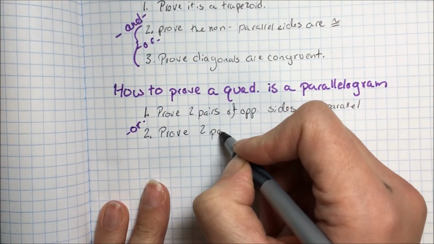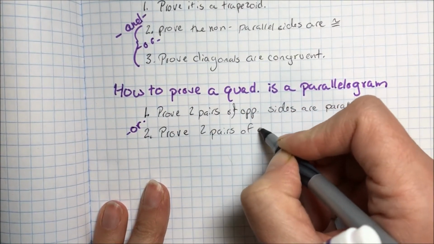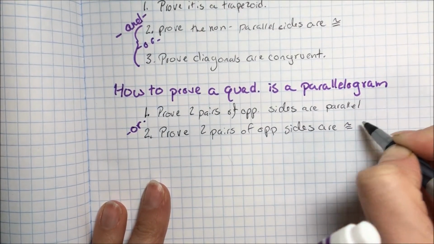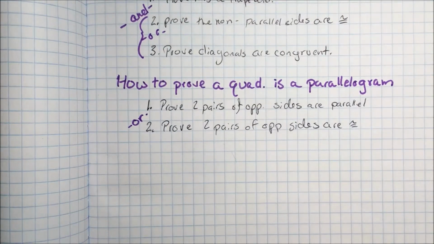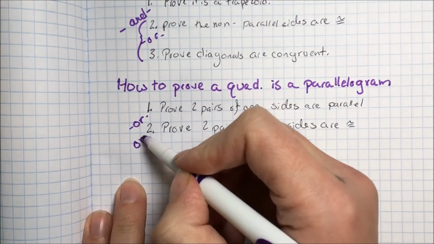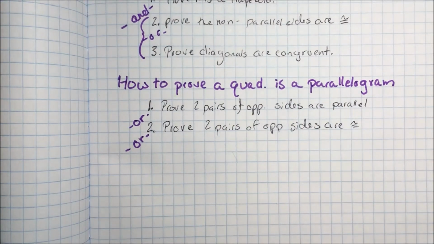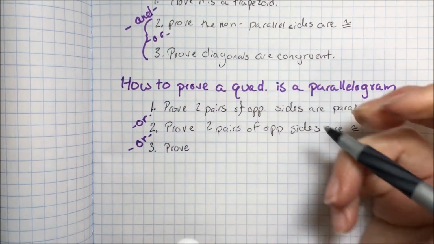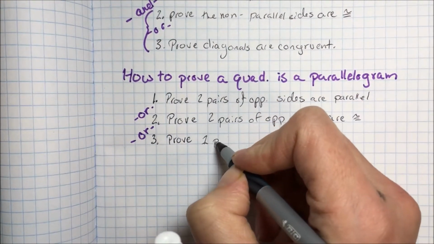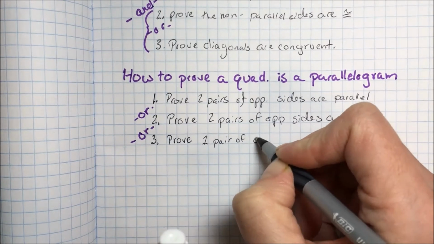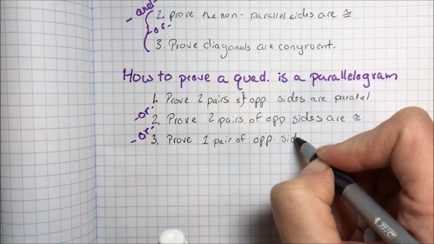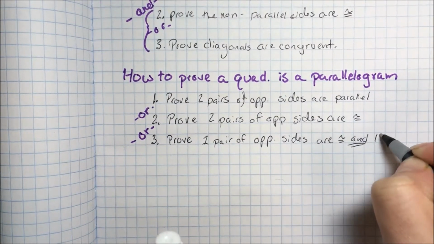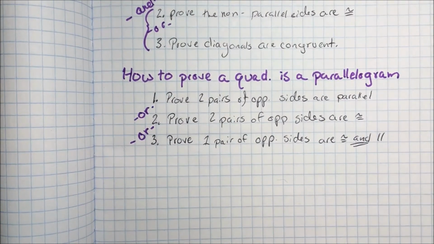So prove two pairs of opposite sides are congruent. Or you can mix it up a little bit and combine a property with a definition. Prove one pair of opposite sides are congruent and parallel. So it's kind of like a mix-up of 1 and 2.